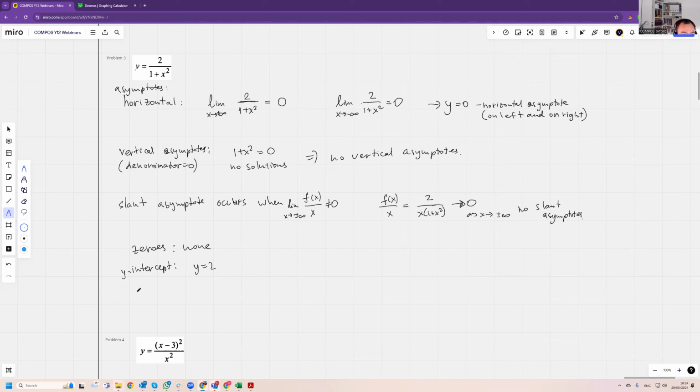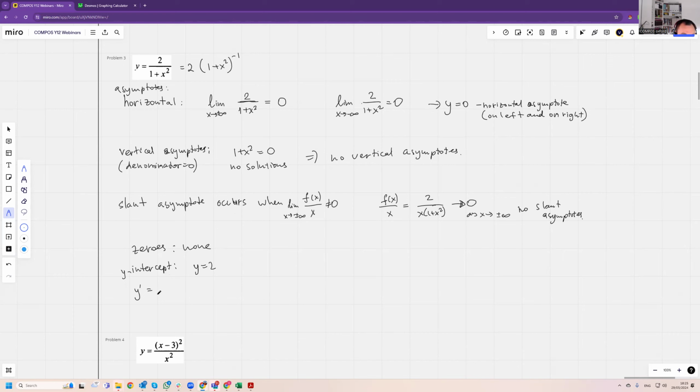And then the derivative. What's the best way to find the derivative? Not the quotient rule, clearly. It's going to be 2 open bracket 1 plus x squared to the power minus 1. So chain rule, I'm guessing.